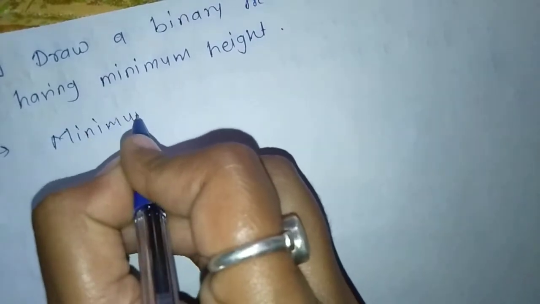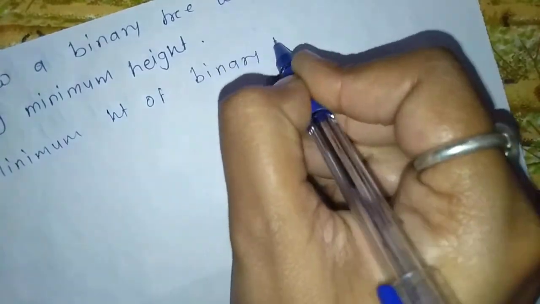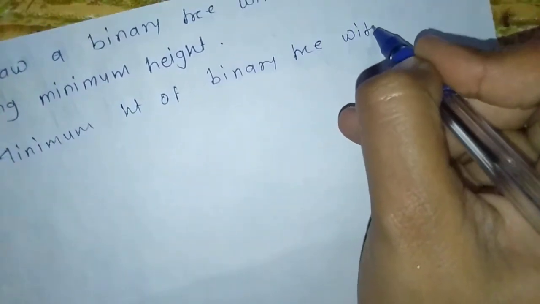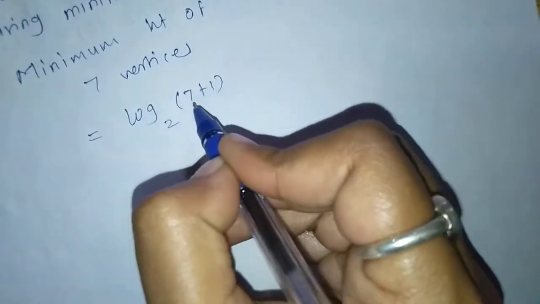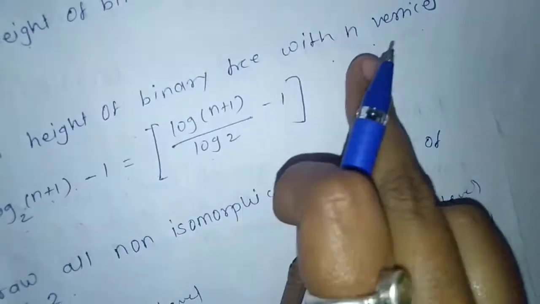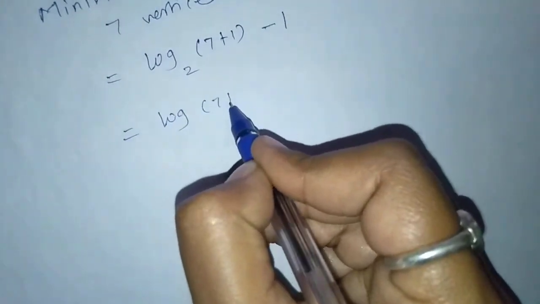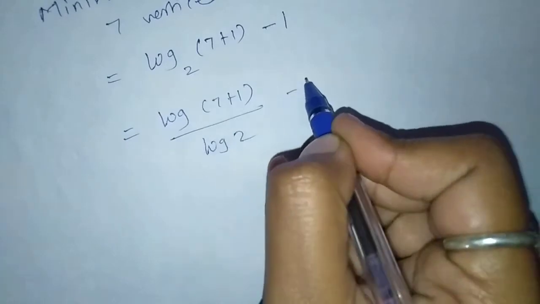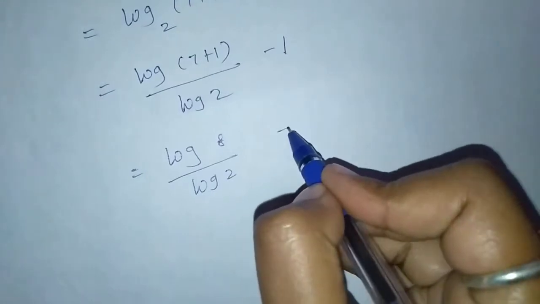So the minimum height of a binary tree with 7 vertices, because here n is equal to 7, is log of (7 plus 1) to the base 2 minus 1, which is log of 8 upon log 2 minus 1.